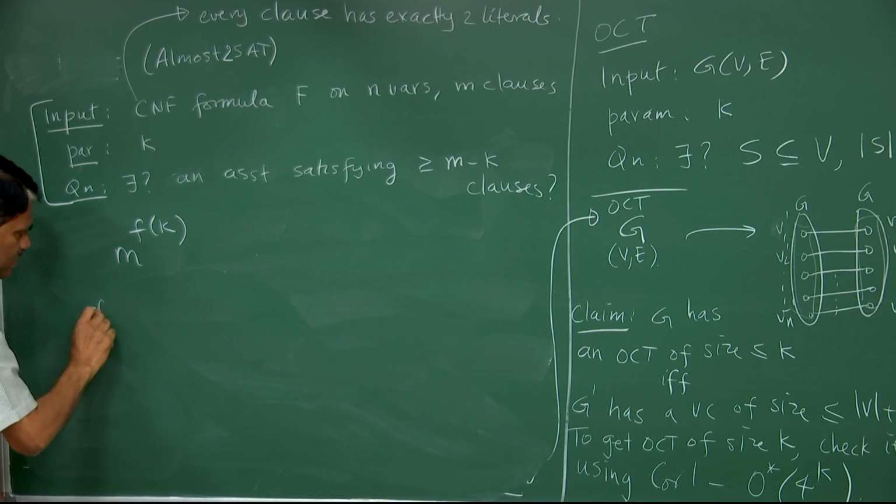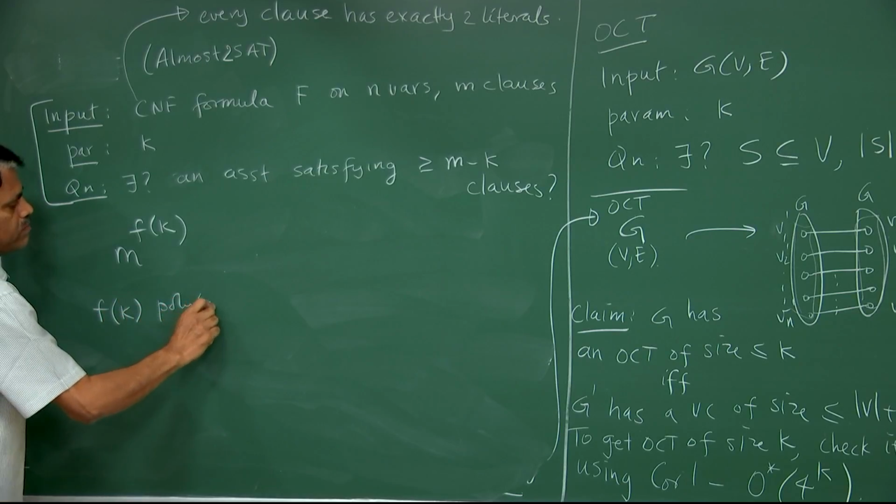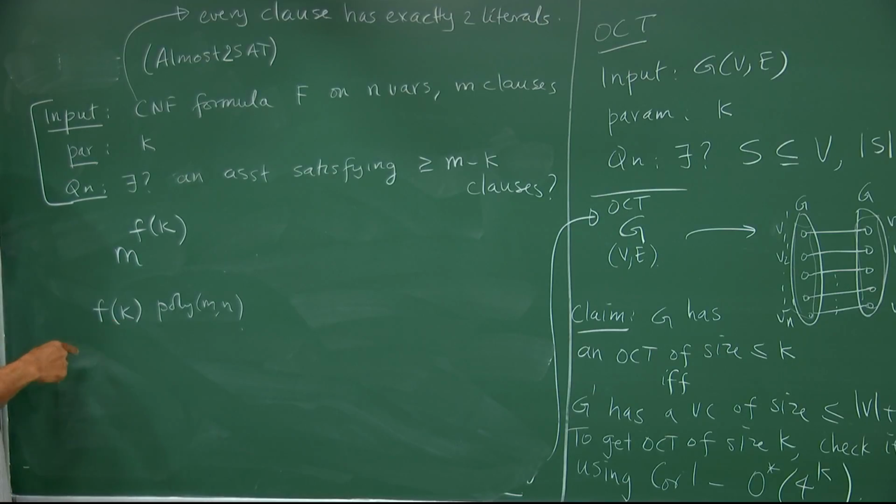Fixed parameter tractable means it is f of k times some poly in m, n, and I argued that that is not possible if it is a general SAT. Even worse, you cannot get such an algorithm for that problem, because when I plug in k equal to constant, this becomes a polynomial, which we do not expect even for k equal to 0.